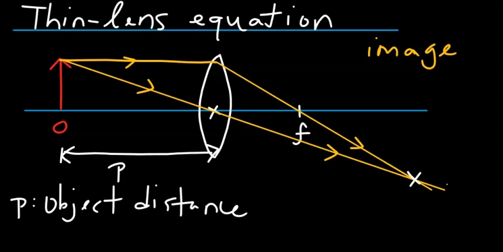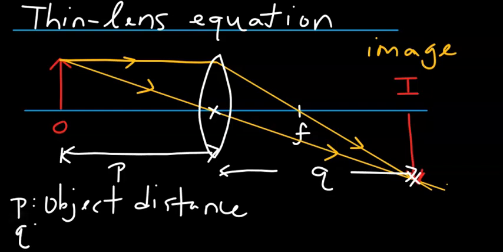And now the image, of course, will extend from the principal axis to that converging point. And that's your image. And the distance between the center of that lens to where the image is called the image distance. We shall denote it with the letter q, image distance. And of course, that distance there is the focal length or focal distance of that lens.